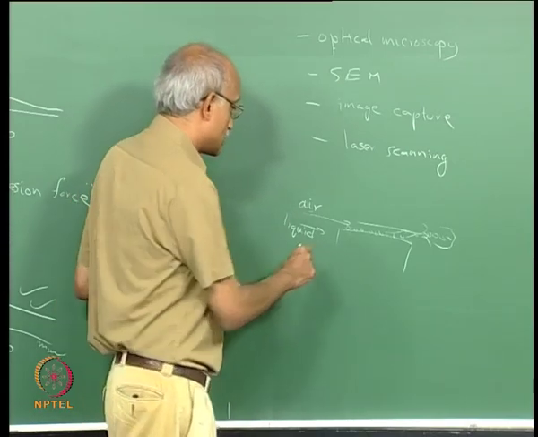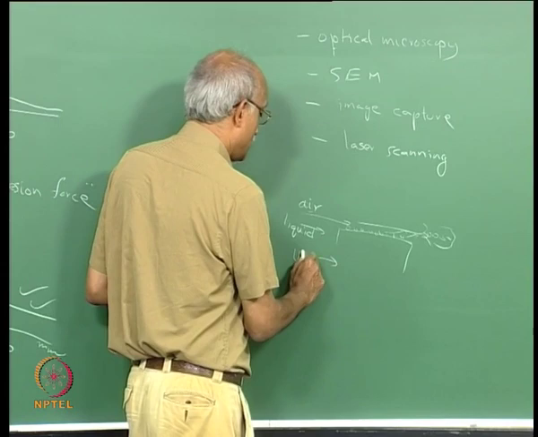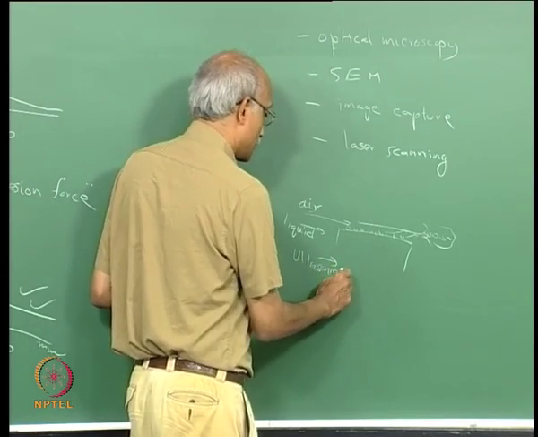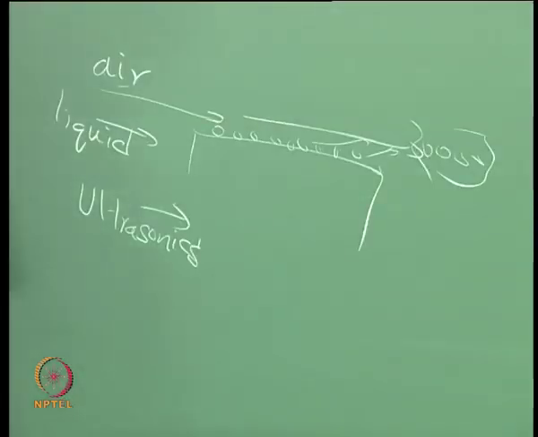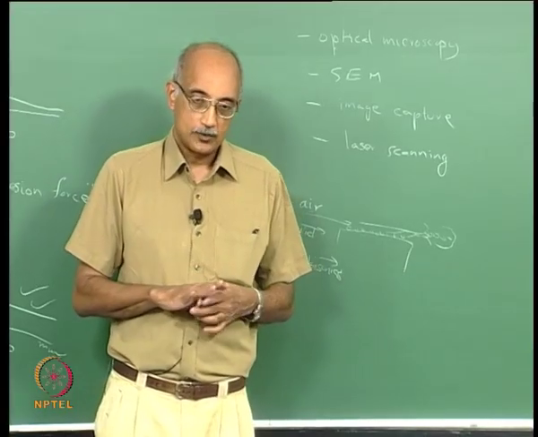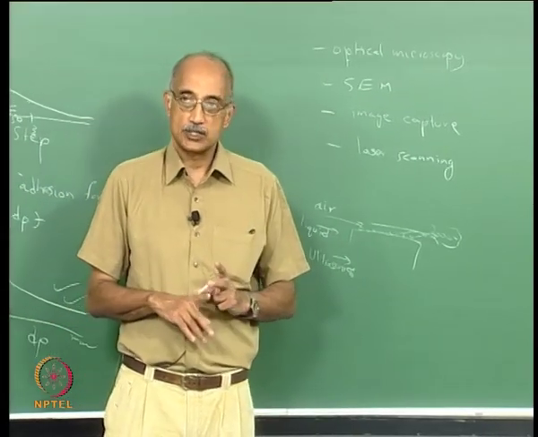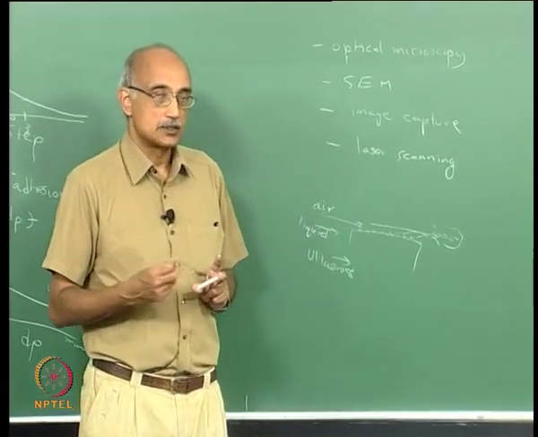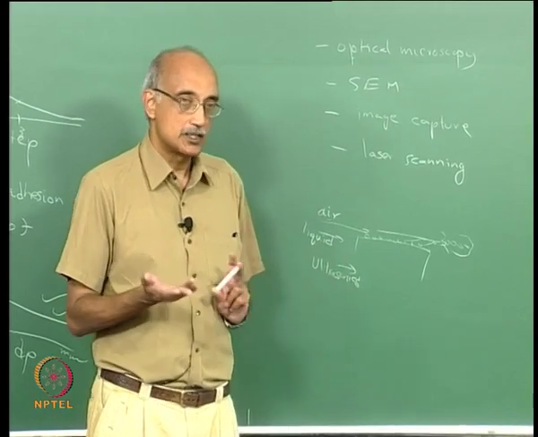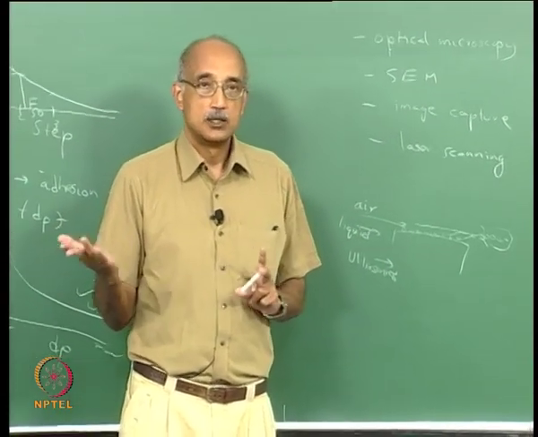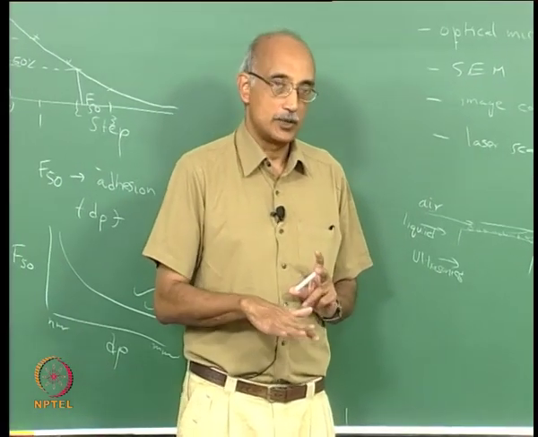Another extension of this, and again we will talk about this in more detail later on, is ultrasonics. As we will discuss later, ultrasound is a way of removing virtually 100% of particles from a surface regardless of their size. Ultrasound is the only mechanism that can remove particles as large as a millimeter to particles as small as a nanometer.